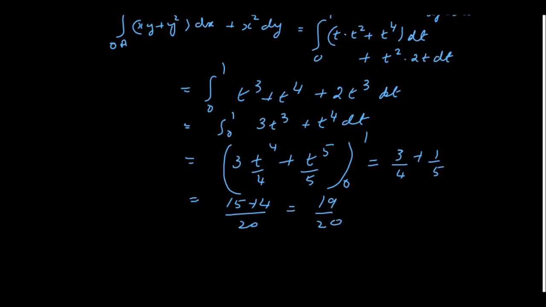Now we have to find the other integral, the integral over AO. Again you have to go for m dx plus n dy. Remember this line AO is in this direction, so you have to start from (1,1) to (0,0).